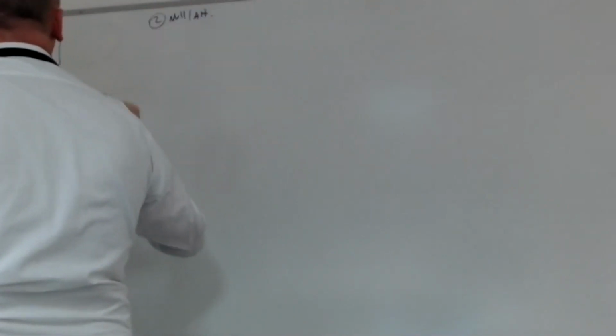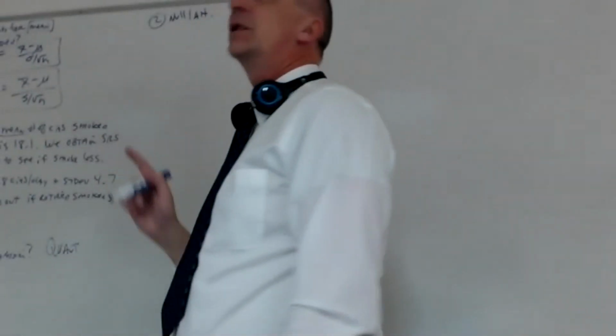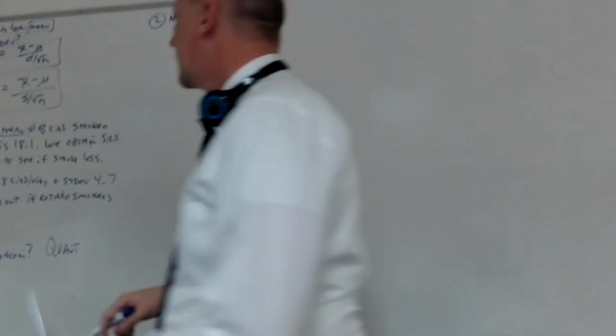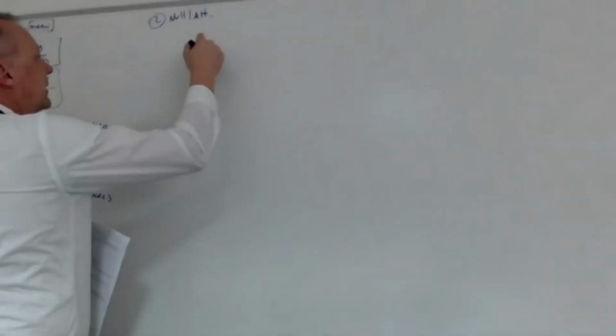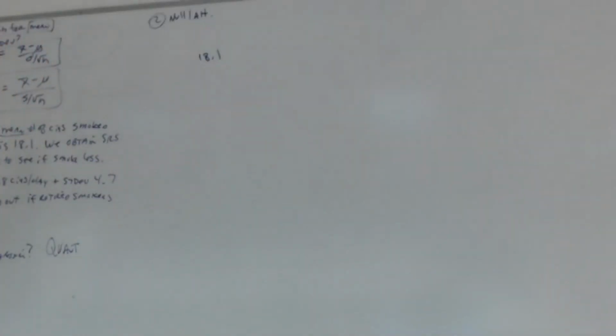In order to find the null and the alternative hypothesis, you may want to go through and start labeling things. So let's go through the problem. CDC says the mean number of cigarettes smoked per day is 18.1. Something equals 18.1. What's the something? Mean, which is what letter? Mu.